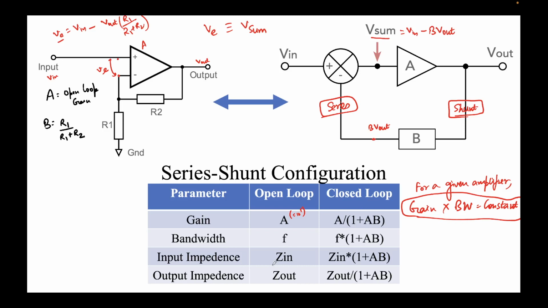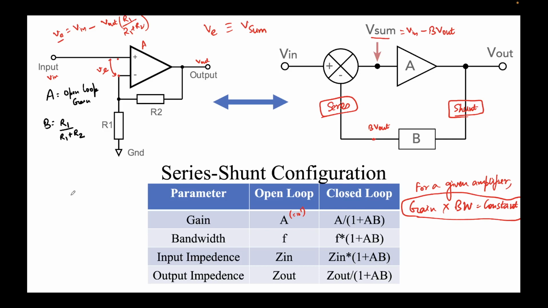Similarly, the input impedance is in series, and we know that series resistances add up. So what's happening here is that Zin would increase by a factor of 1 plus AB. In the open loop configuration, the input impedance was Zin, but since the input side is a series configuration, the input impedance for the closed loop circuit will increase by a factor of 1 plus AB.